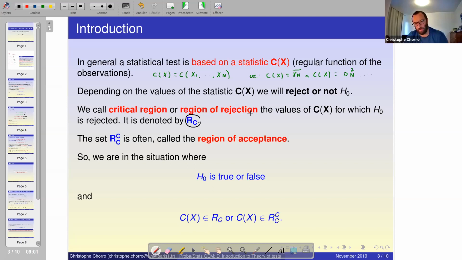That's why, by abuse of vocabulary, and contrary to what I have said previously, the complementary set of this one, that is the region for which I won't reject my hypothesis, is called in the literature the region of acceptance, or, as I prefer, the non-rejection region.